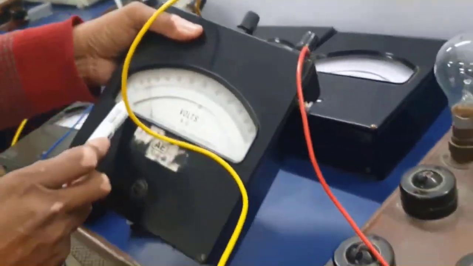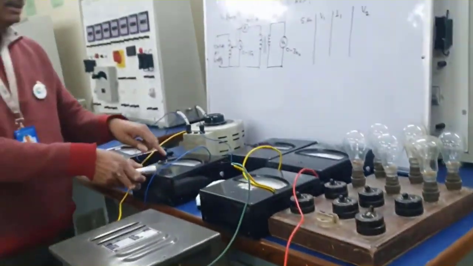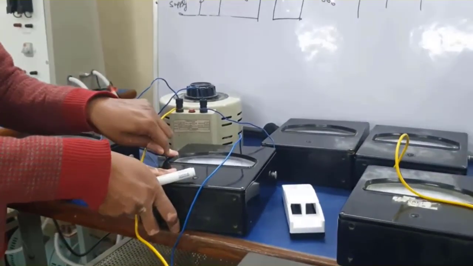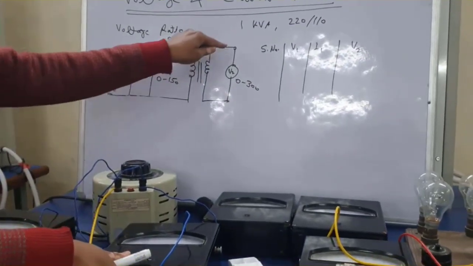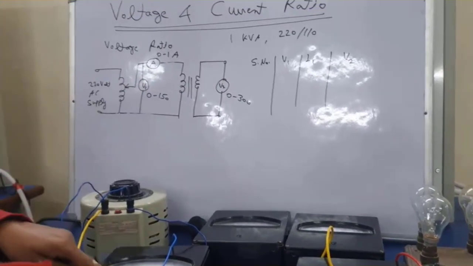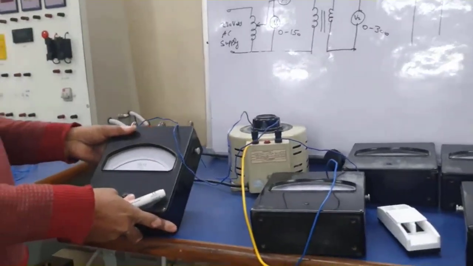This voltmeter indicates the secondary voltage. This ammeter indicates the primary current, also called the no load current. Why is it called no load? Because no load is connected on the secondary side. So this indicates the primary current I1, and this voltmeter indicates V1.